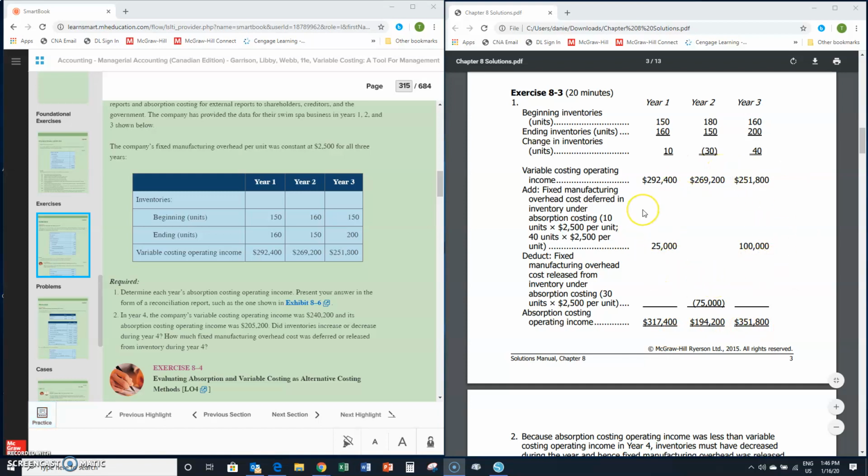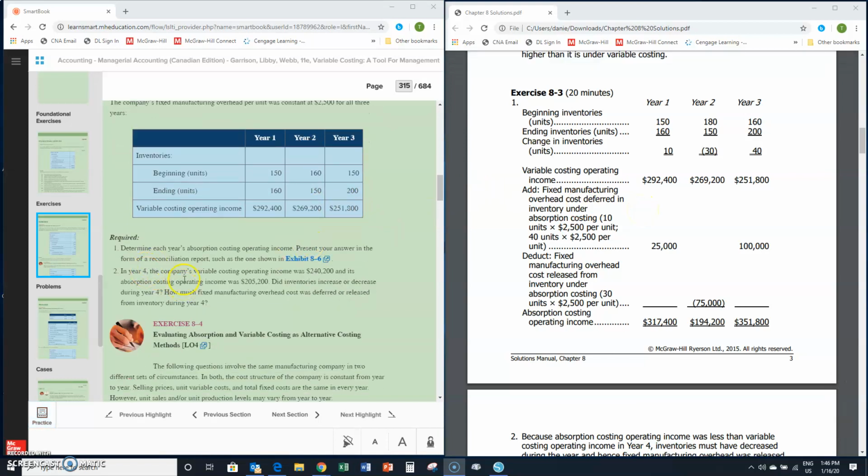Now, in part 2, in year 4, the company's variable costing operating income was $240,200 and absorption costing operating income was $205,200, so it was less. Did inventories increase or decrease during year 4? And how much overhead was deferred or released from inventory?